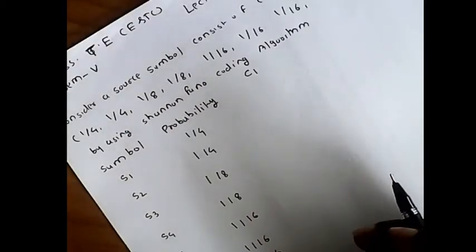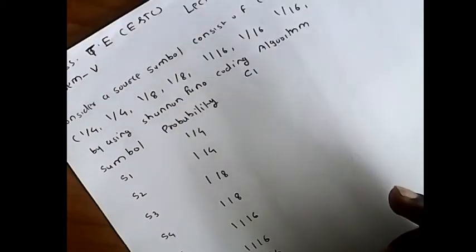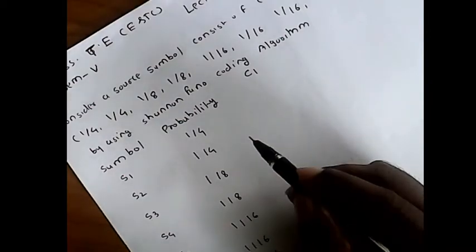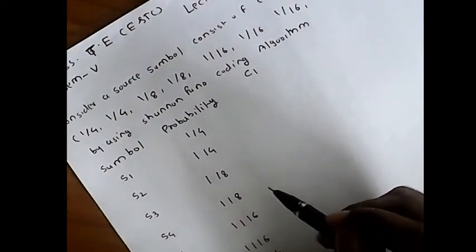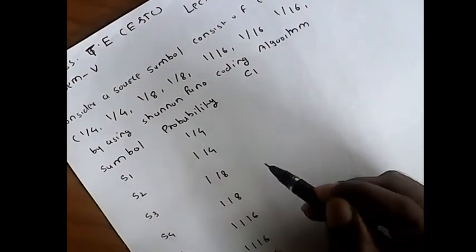Consider column 1. According to the second step, divide the given symbol probabilities into two groups, an upper set and a lower set, in such a way that they are equiprobable.